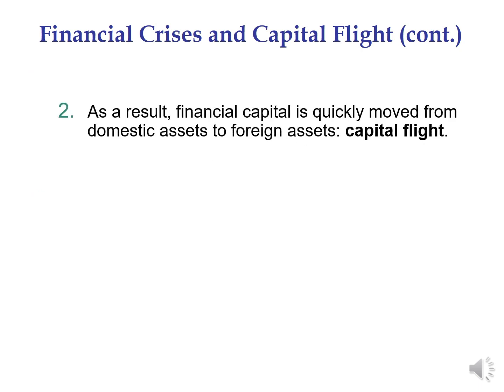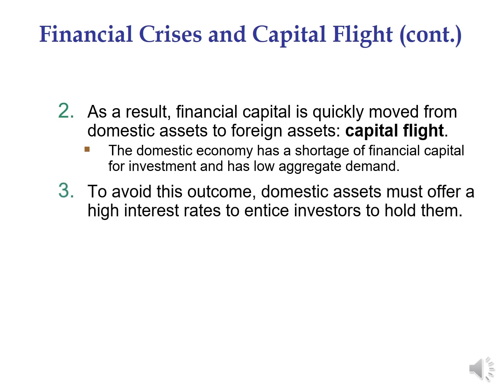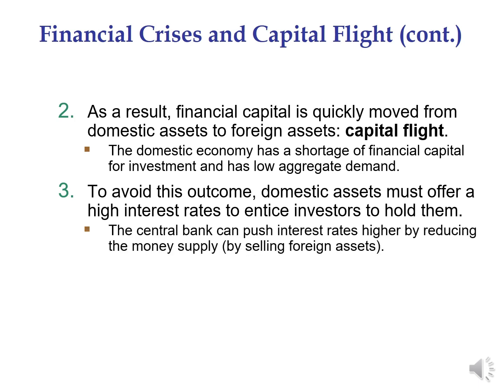Number two, as a result, financial capital is quickly moved from domestic assets to foreign assets. Capital flight. The domestic economy has a shortage of financial capital for investment and has low aggregate demand. To avoid this outcome, domestic assets must offer a high interest rate to entice investors to hold them.